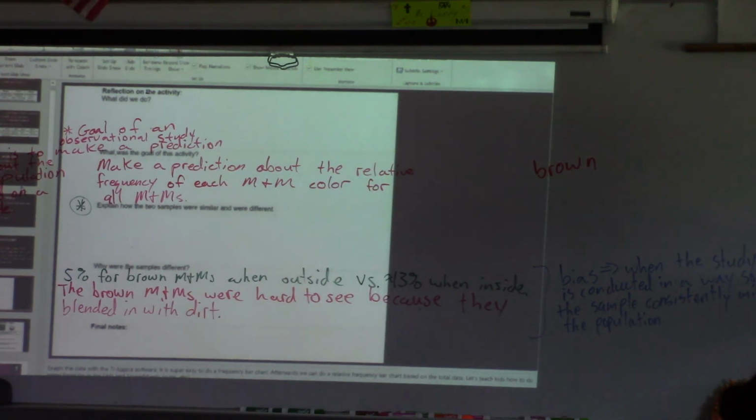Okay. Bias is when the study is conducted in a way so that the sample will consistently misrepresent the population.